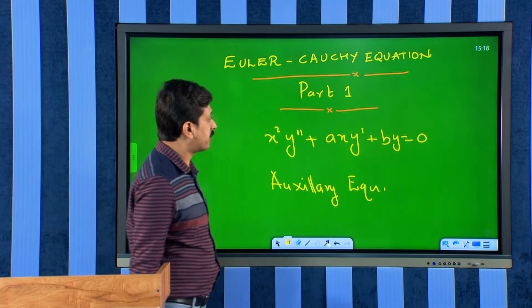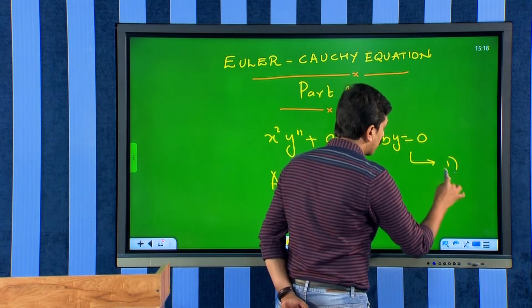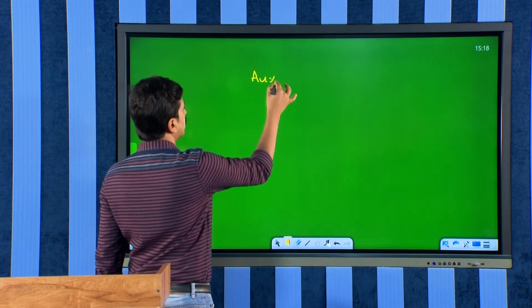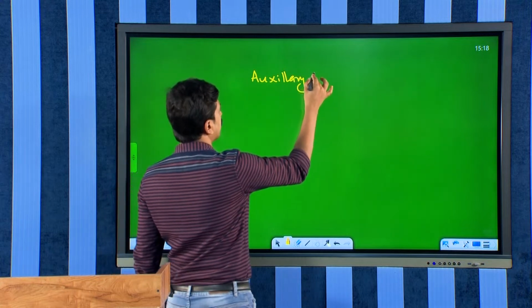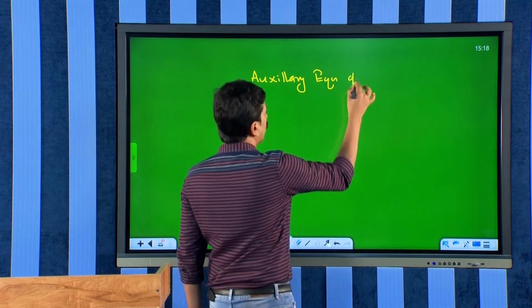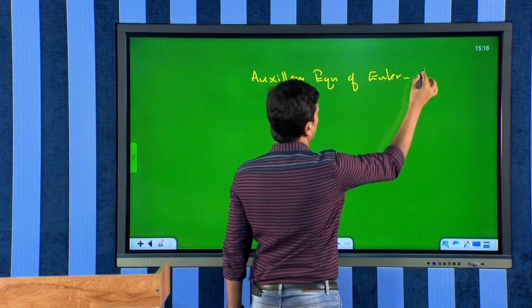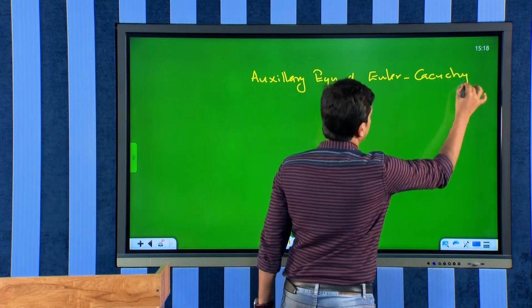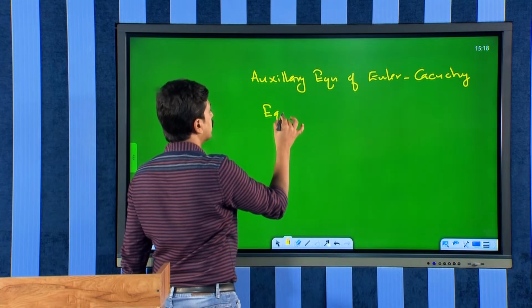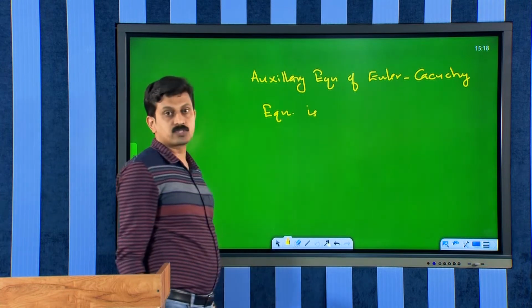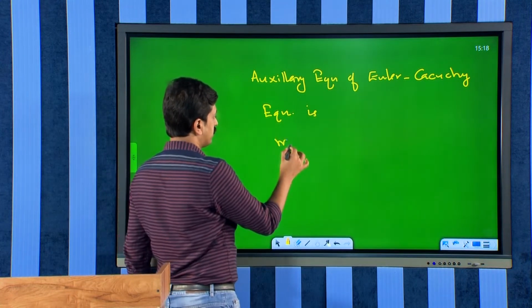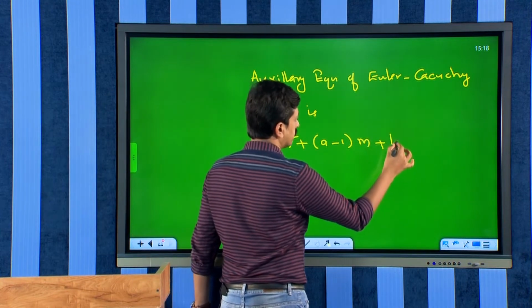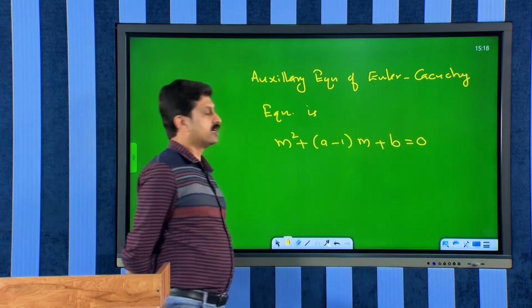The auxiliary equation of the Euler-Cauchy differential equation is m square plus (a minus 1) into m plus b equal to 0.